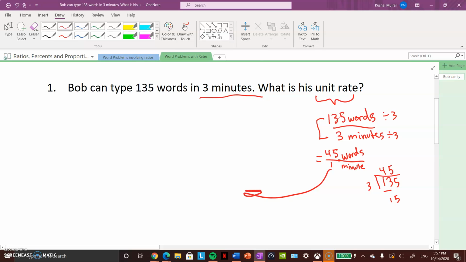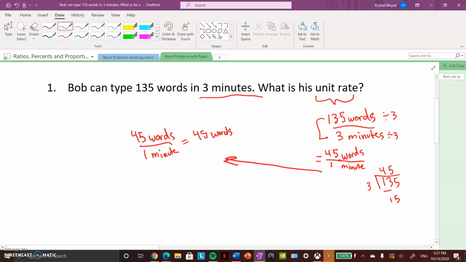Okay, so let's take this over here. 45 words divided by 1 minute is the same as writing 45 words per minute.